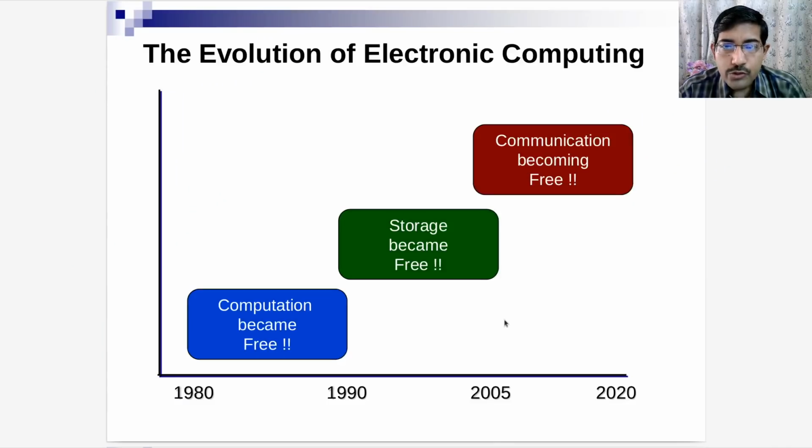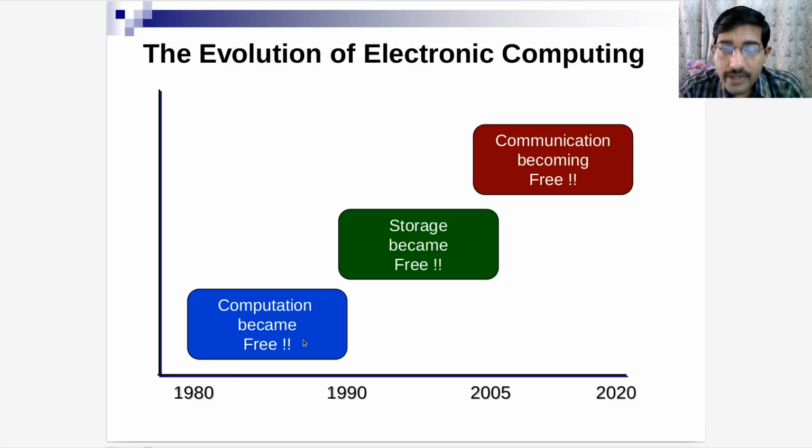So to begin with, to give you a historical perspective, the evolution of electronic computing has been going on for a few decades now. When computing systems first evolved, during the 1980s to 90s, computation became free.